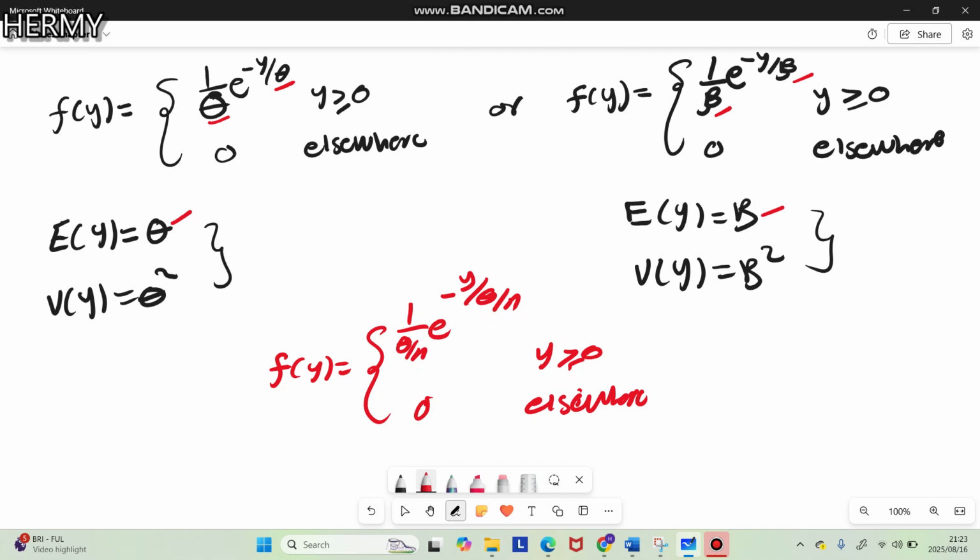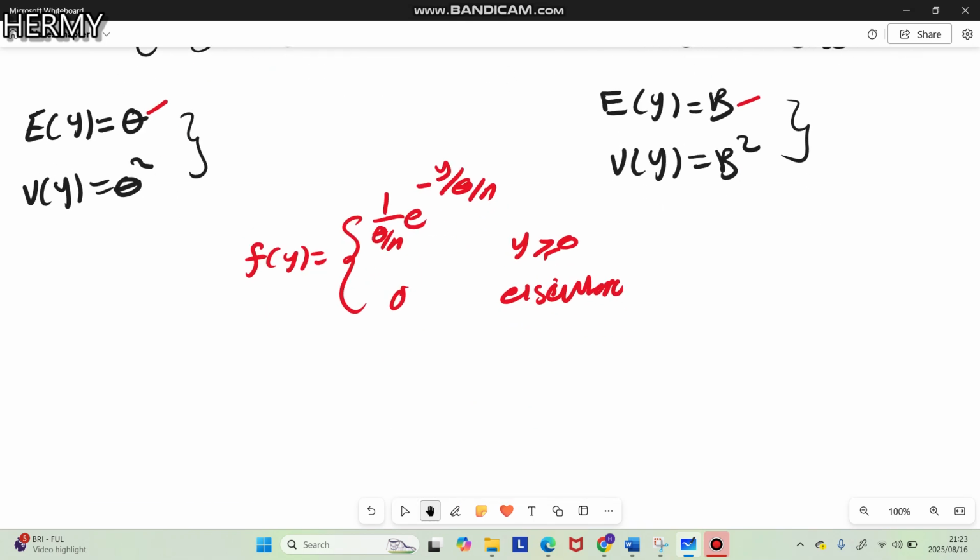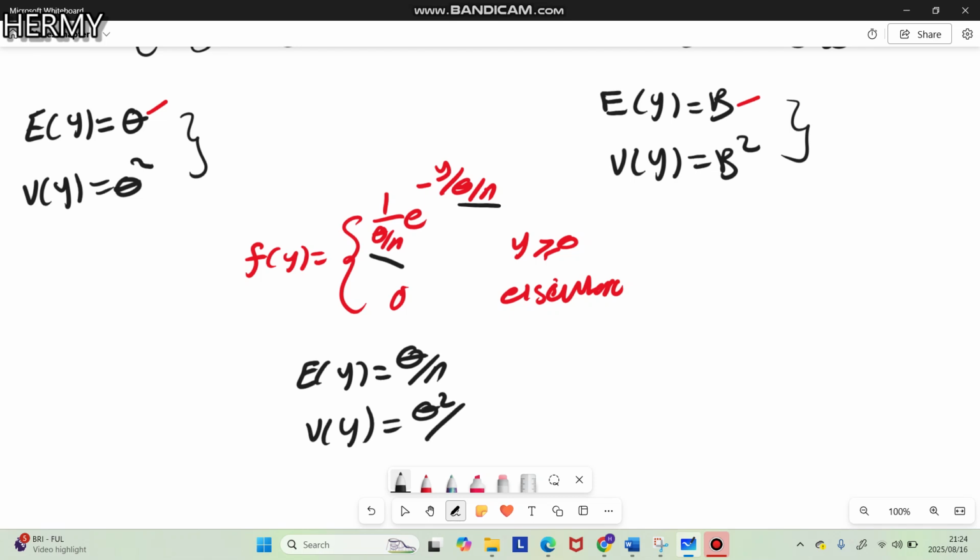So if I were to ask you what is the expected value of this guy here, remember, here is theta over n, here also it's theta over n. So the expected value of y is just theta over n, and the variance of y is just theta squared over n squared.